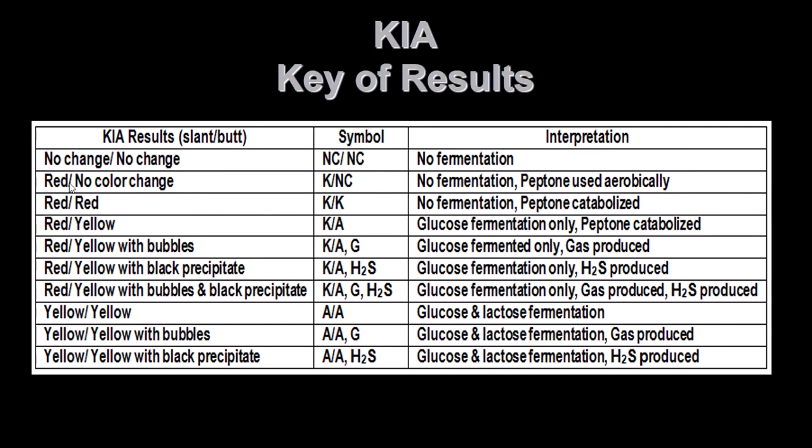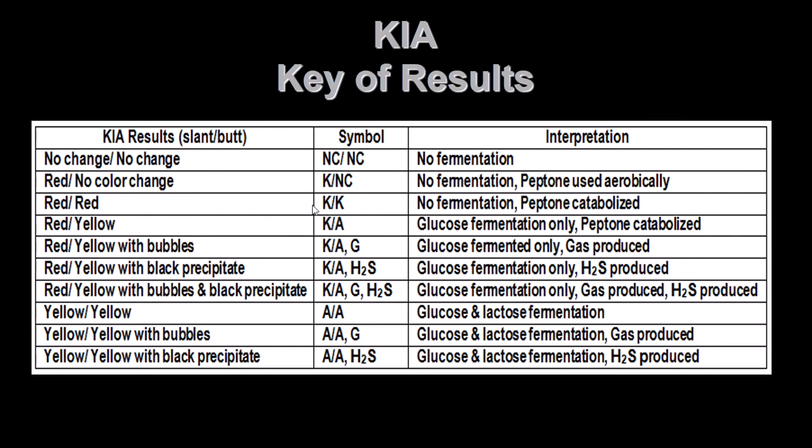If the slant is red and the butt has no color change, we put K over no change. It means the peptone is used aerobically only. But if it is red over red, at least we can tell that there is no fermentation.